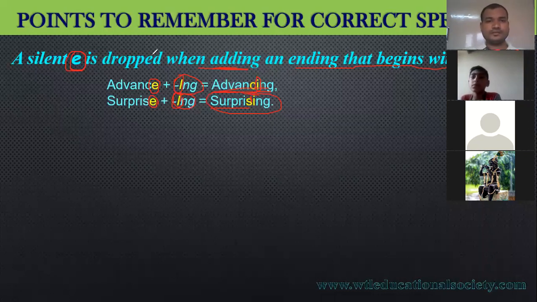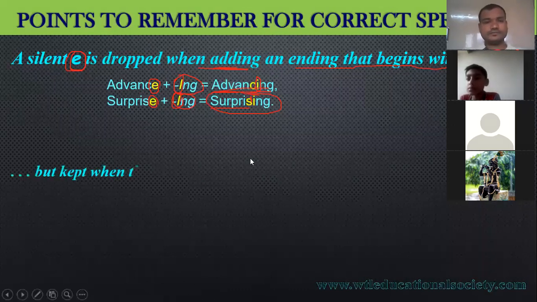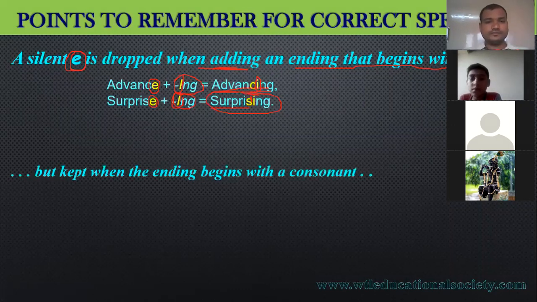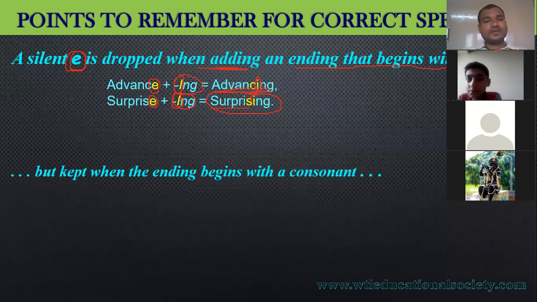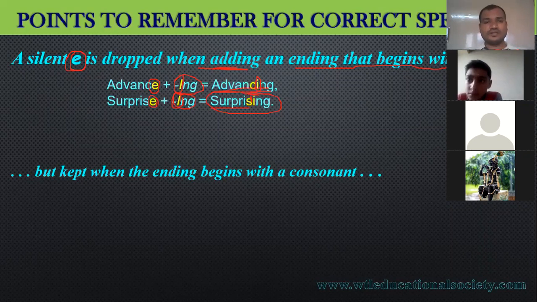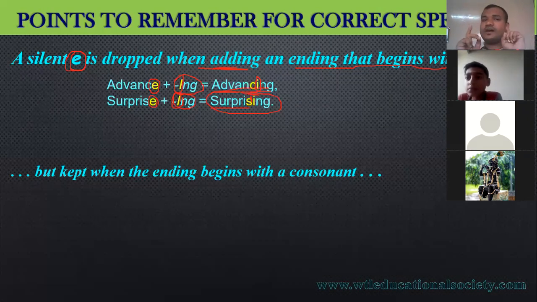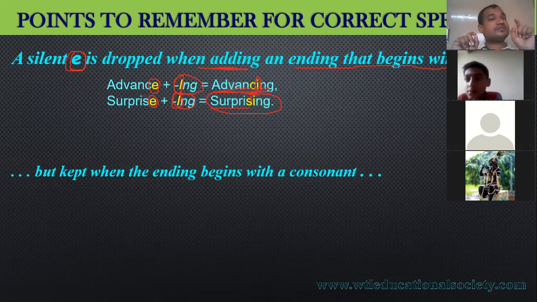Now, but kept when the ending begins with a consonant. The silent letter E is dropped when we add an ending which starts with a vowel.